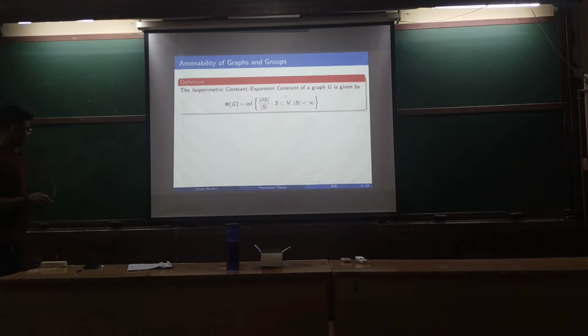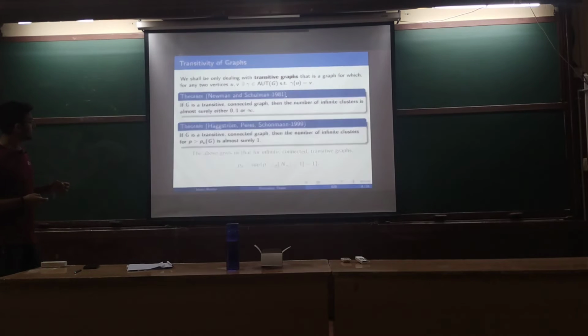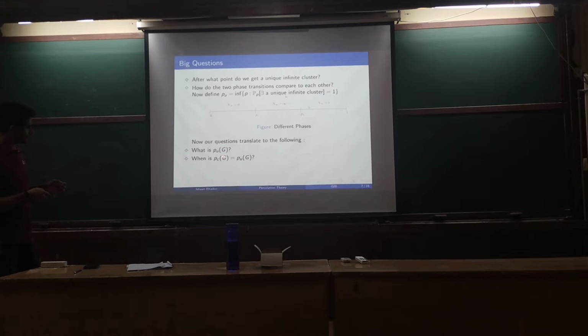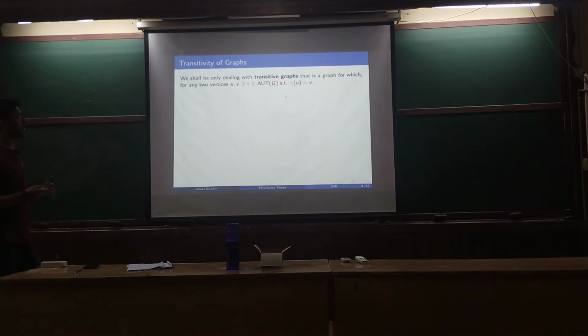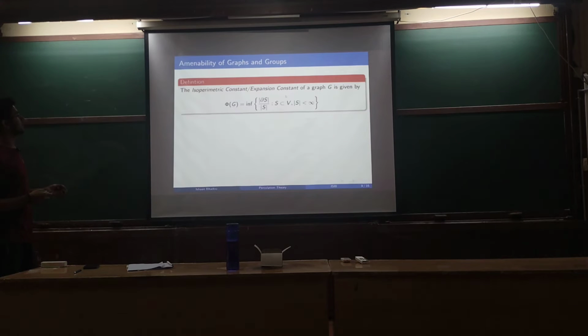The first model of percolation was studied on Euclidean lattices, on Z^d, and Aizenman and Newman proved for Z^d that pc will be equal to pu. So they answered this question for Z^d. But then people later discovered that the same proof in fact works for graphs which are amenable. So what is an amenable graph? First I define the isoperimetric constant of a graph G, which is the size of the boundary of a finite set divided by the volume of the set.